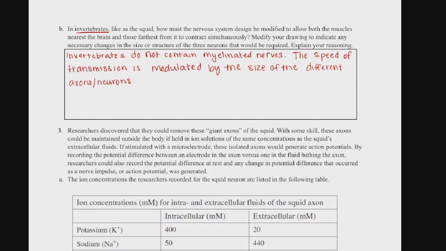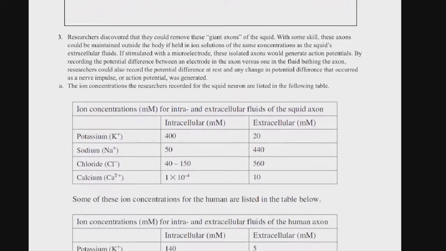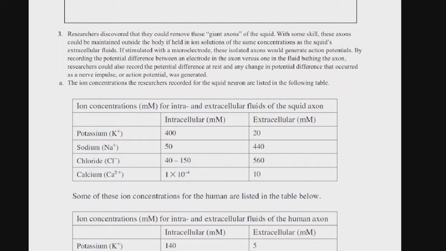Okay, so now moving on to 3, we're going to be looking at these ion concentrations. Number 3 says, researchers discovered that they could remove these giant axons of the squid. With some skill, these axons could be maintained outside the body if held in ion solutions of the same concentration as the squid's extracellular fluids.